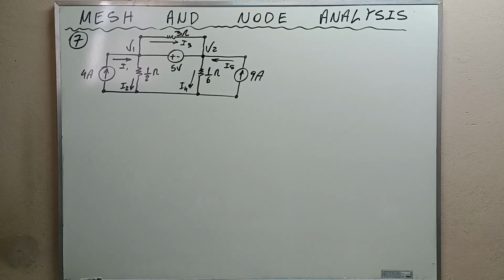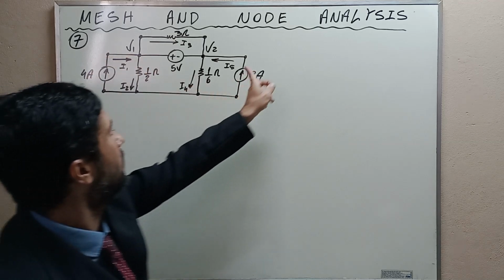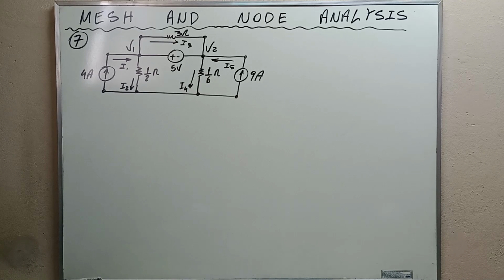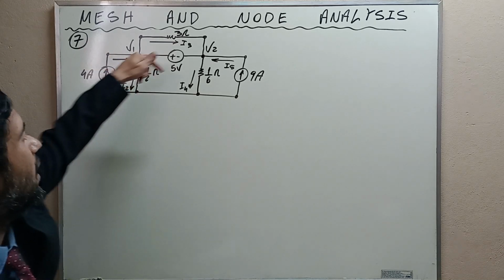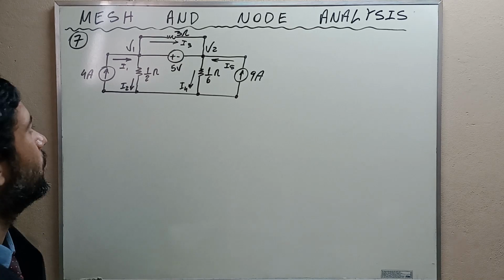Looking at the supernode, we see that currents I1 and I5 enter the node. And currents I2 and I4 leave the node. We are going to neglect I3, okay?